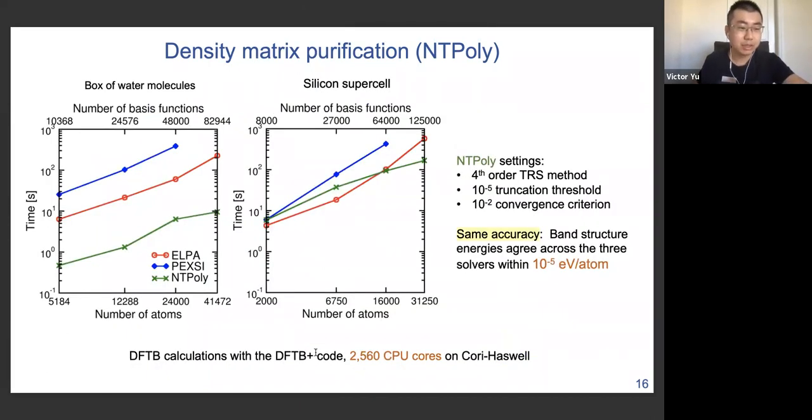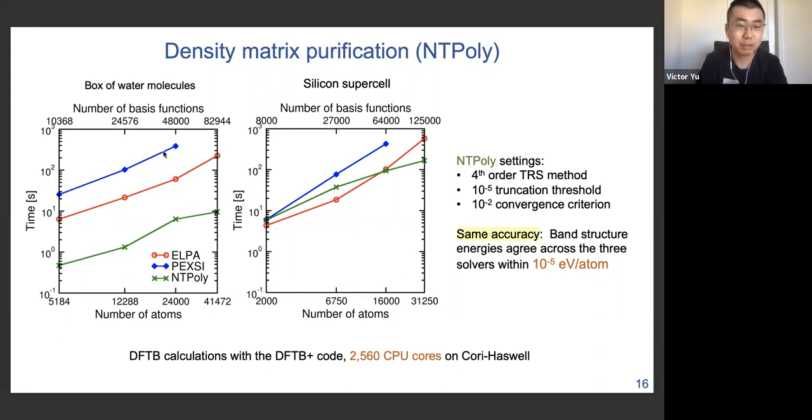I am not going to show you how NTPoly performs in FHI-aims, but here is an example in a density functional tight binding calculation with the DFTB+ code. Again, we compare the performance of the different solvers.